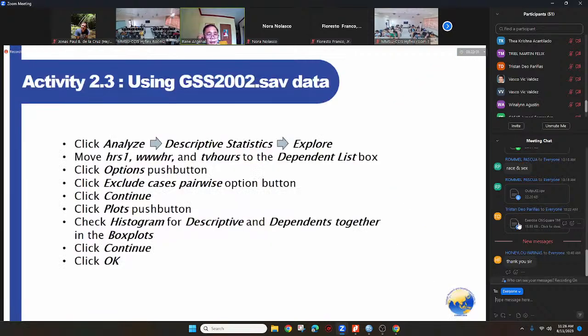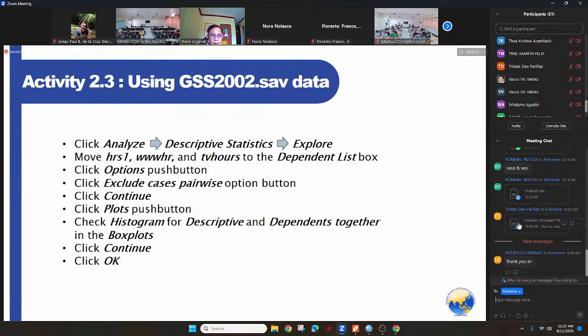Okay, so this is an exercise. Using again GSS 2002, you explore. Explore descriptive and then explore, using RS1, WWR, TVRS in the dependent list box.